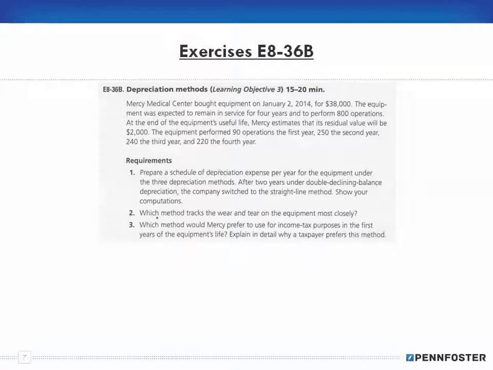So number 1, we're going to prepare a schedule of depreciation. The year is going to be 2014, and it's in service for 4 years, so 2014, 2015, 2016, and 2017.